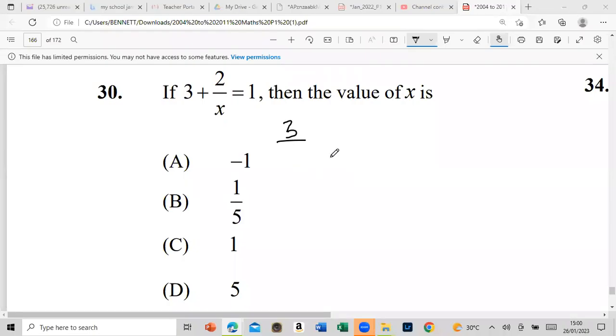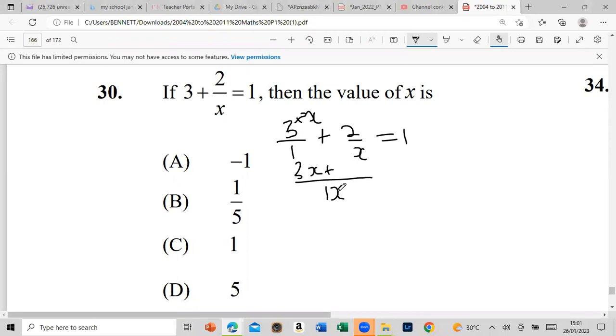Alright, so I'll do it the long way. I can just put 3 over 1 to make it a fraction, and then 2 over x, and that must equal 1. So the LCM would be 1x, right? x into 1x is going to leave 1, so multiply 3 by x, so here we have 3x.